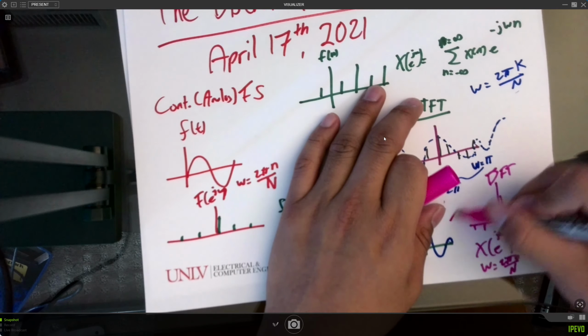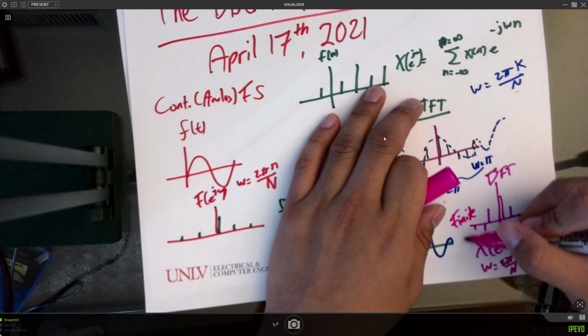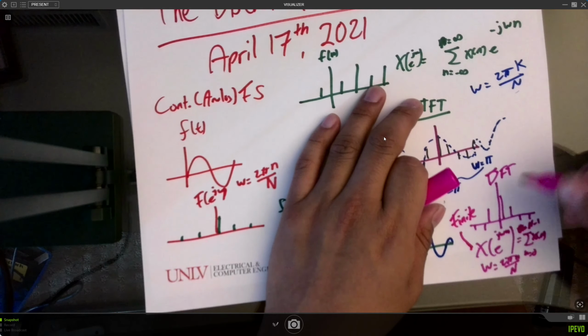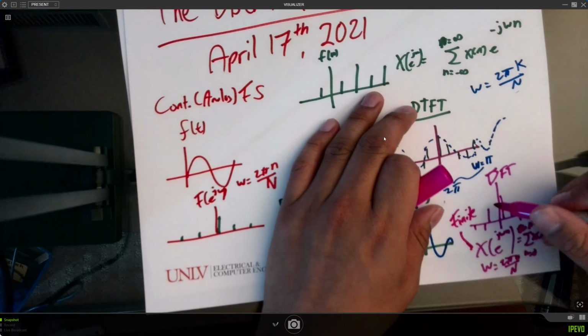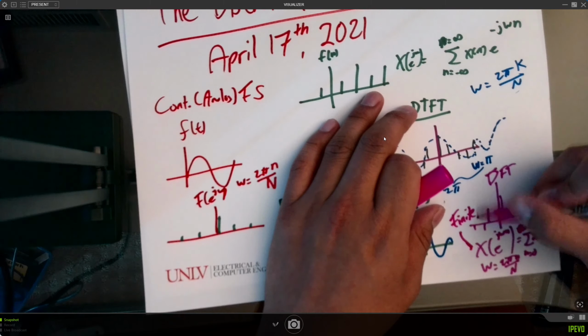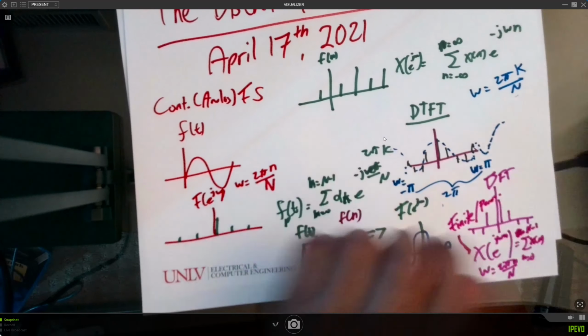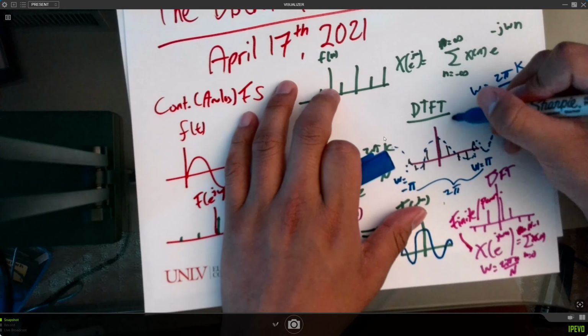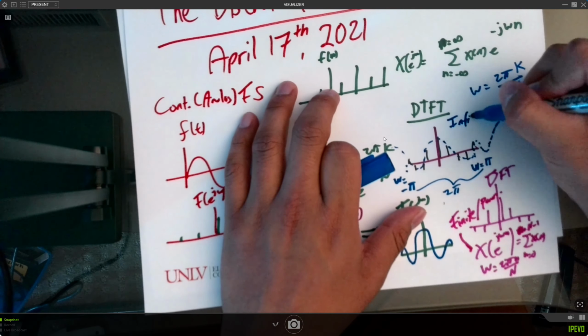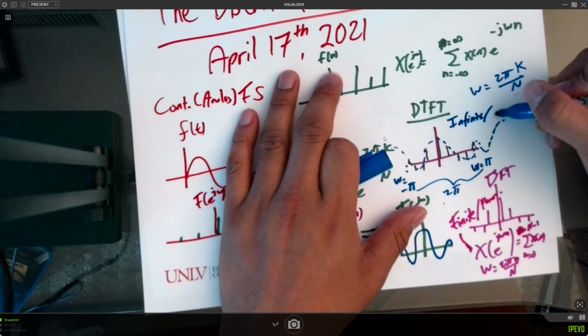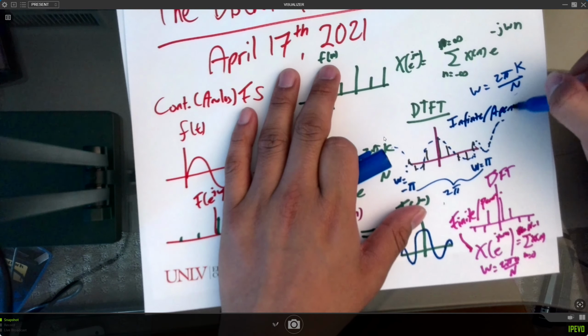This is finite, and it also is periodic. I think, yeah, finite and periodic. Where this one right here is for infinite and aperiodic.